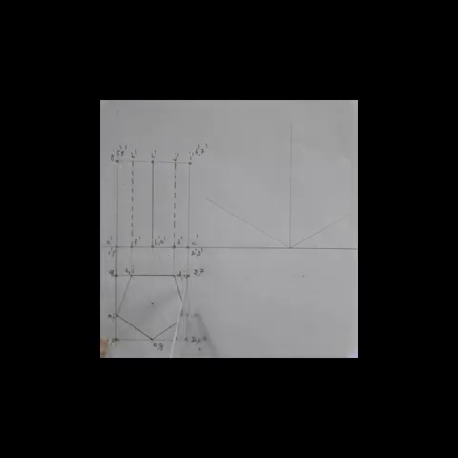Draw the corresponding positions of 1 dash, 2 dash, 3 dash and 4 dash, 5 dash, 6 dash, 7 dash and 8 dash in the elevation. So first draw the pentagon, draw the elevation, then enclose the pentagon in a square prism and its points are 1, 2, 3 etc.